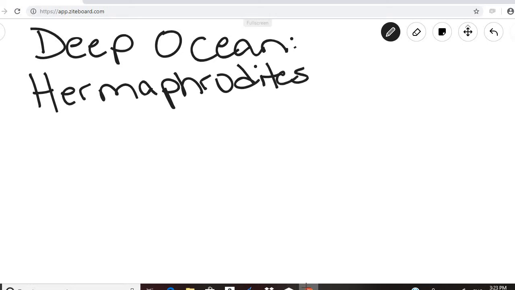So in other words, when it's time to mate, they just need to find another member of their own species. They don't have to find a male or a female. Like a male doesn't have to find a female and a female find a male, because all they have to do is find another member of their species, just another fish of their species.